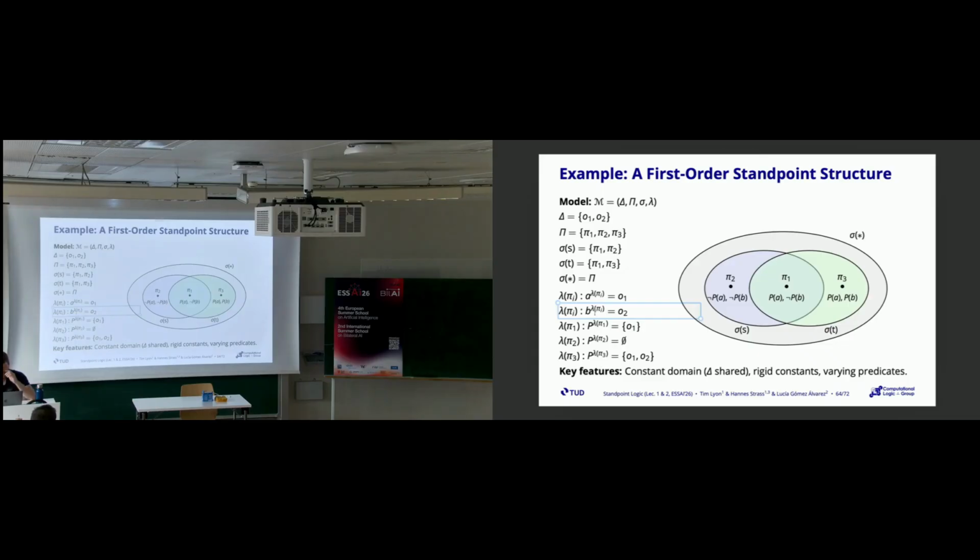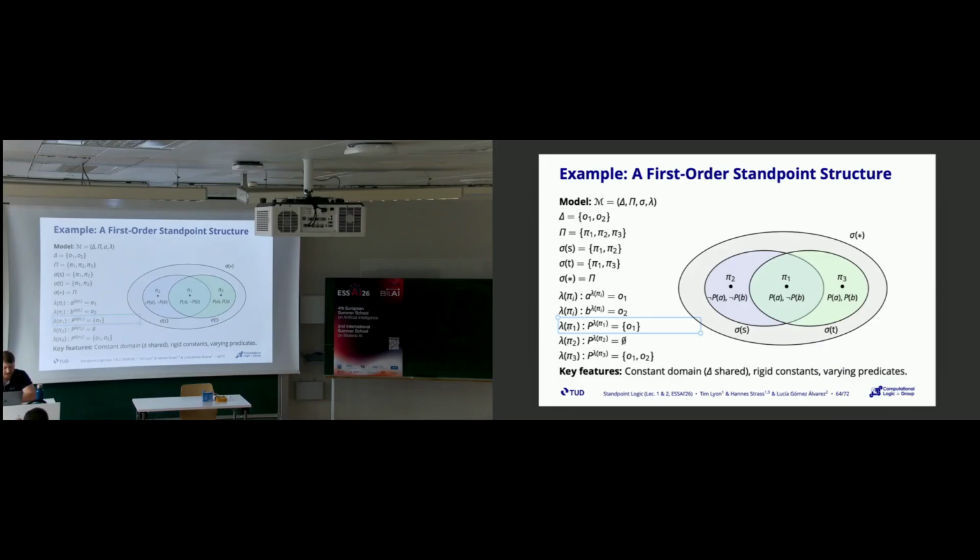And we can interpret, for example, the constant B to be O2. So the constant symbols, their meaning is fixed throughout this entire model, but the predicates can vary. The way that predicates are applied varies, which relates to the philosophy I talked a bit about yesterday, supervaluationism, and how standpoint logic is about how we are applying terms to objects.